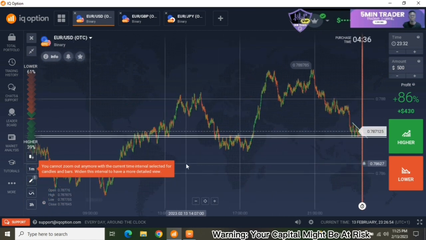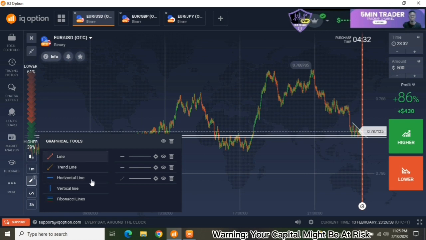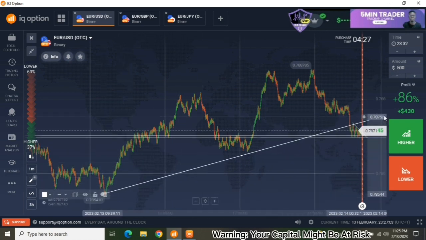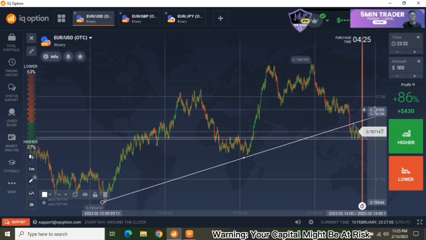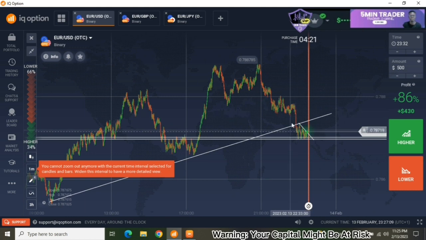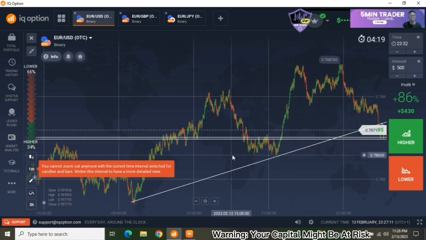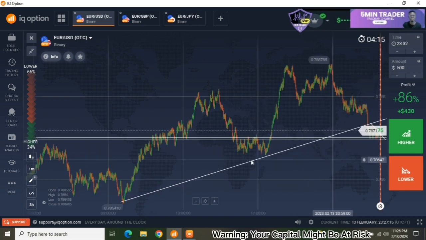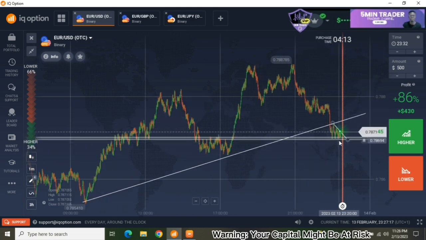And if you look, let me get a trend line. If you have a trend line around this area, you will see the trend line has been broken, because the market only respected it here, and over here it was broken.